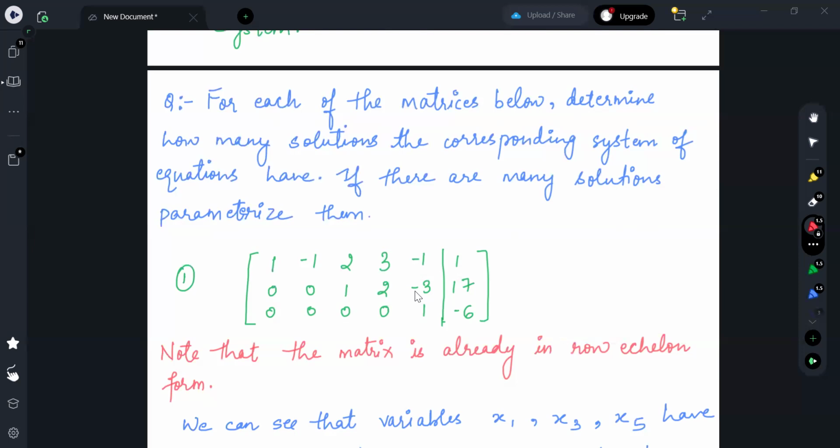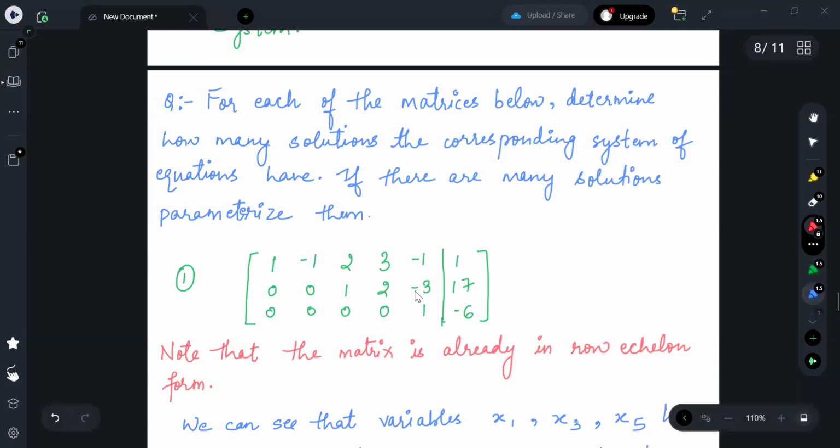In the question, they will not exactly tell you how many solutions the system will have. It is your job to find out if the system is consistent, inconsistent, if it has a unique solution or many solutions. For this case, I'm giving you a REF. So this matrix, as you can see, is already in row echelon form.